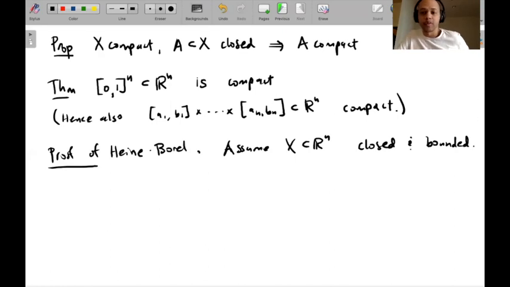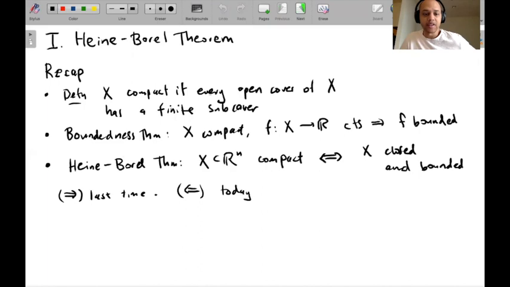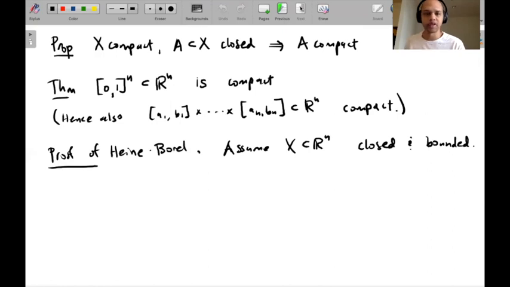So usually one way to show a set is compact is to show that it satisfies this definition. But frequently that is a pain to do directly. And so we're not going to do that. We're going to use these two theorems.